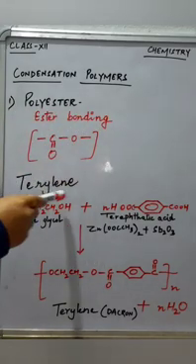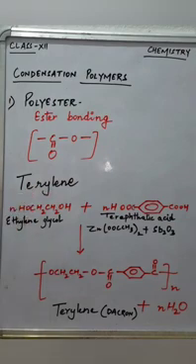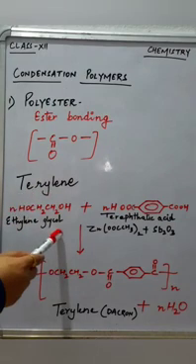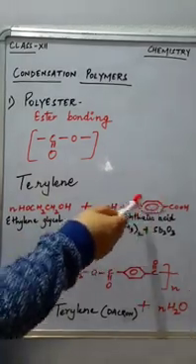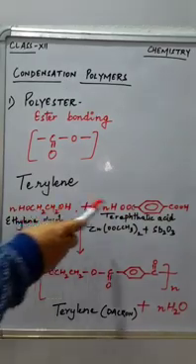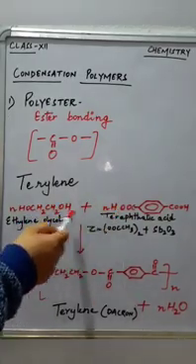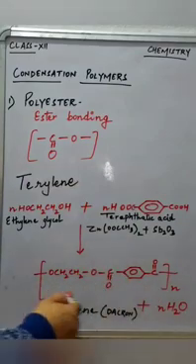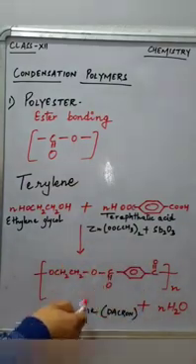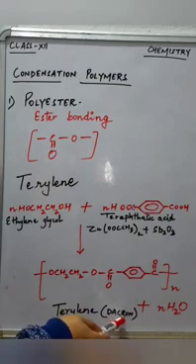First is terylene. Terylene is a copolymer formed by two monomers, ethylene glycol and terephthalic acid. This is the formula for terephthalic acid. These two monomers are combined or joined together. A small molecule of water is eliminated and we get the polymer terylene, commonly known as Dacron.